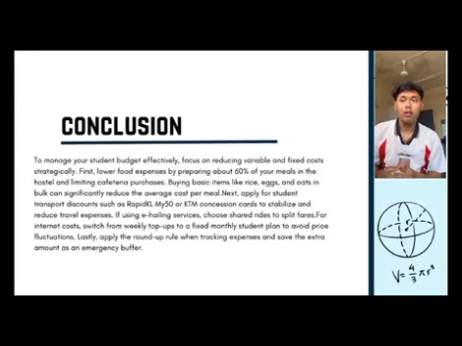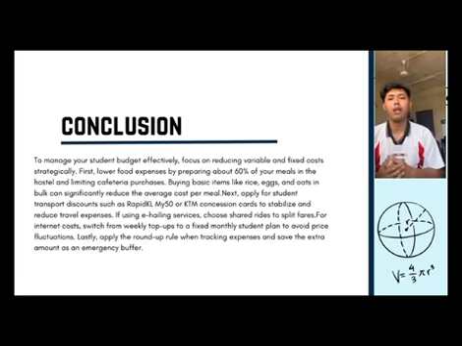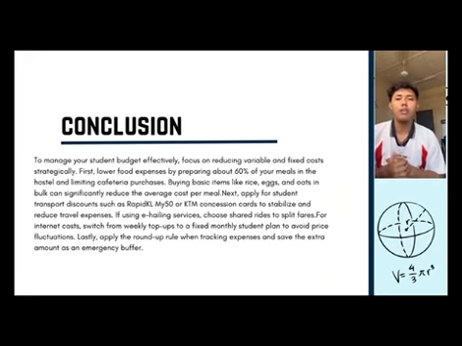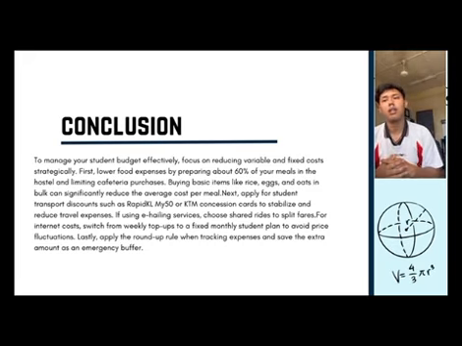In conclusion, to manage your student budget effectively, focus on reducing variable or fixed costs strategically. First, lower food expenses by preparing about 60% of your meals in the hostel and limiting cafeteria purchases.